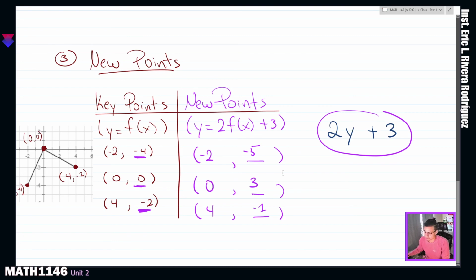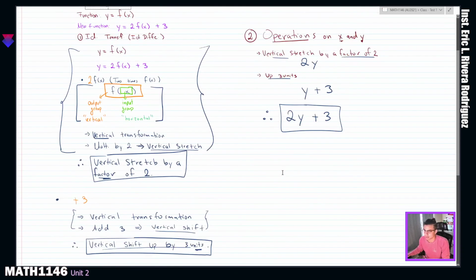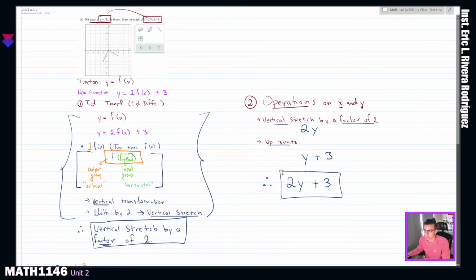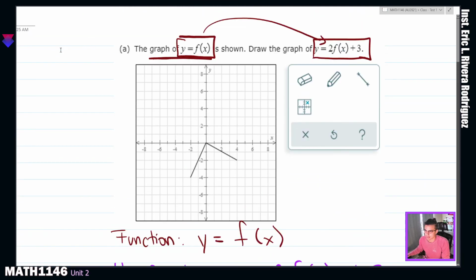is to graph, and to do that I think I can do it here.